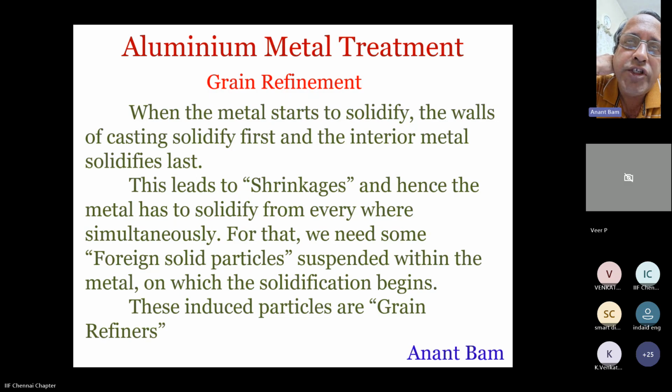If there is no nucleation and solidification is beginning only from the mold wall, then this 20 cc will get concentrated in the cube center. But if I initiate solidification artificially by inducing grain refiner, and in this process, I am able to create 10,000 nucleation sites or 10,000 solidification sites, then this 20 cc will get distributed at those 10,000 locations.